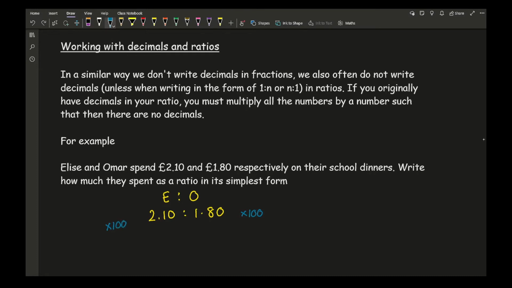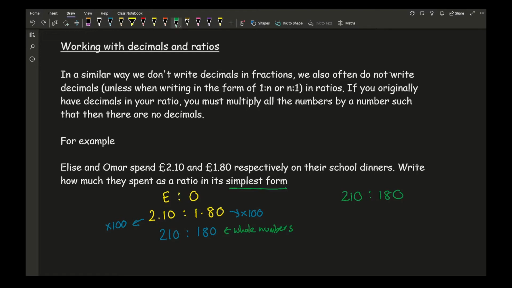And so what I'll end up with, if I multiply both those numbers by 100, is 210 and 180. So now I've got whole numbers, which is a good thing, but I need to write this in its simplest form. So asking myself what number goes into both 180 and 210.